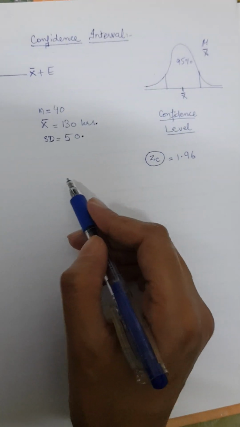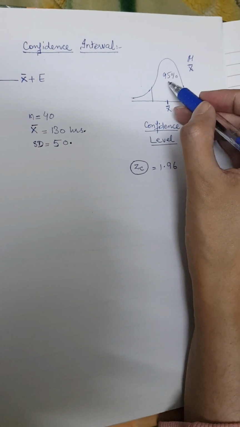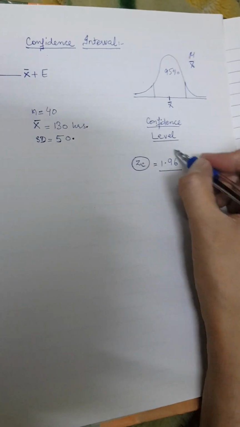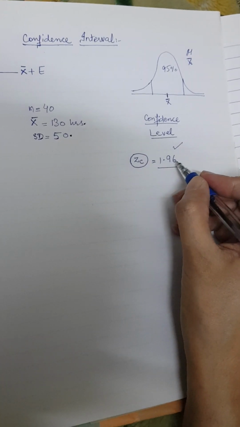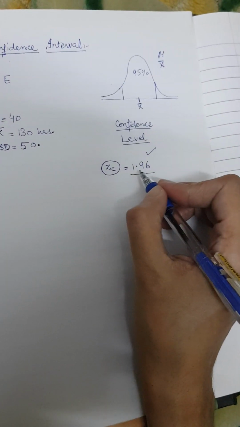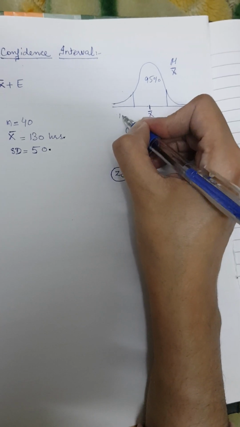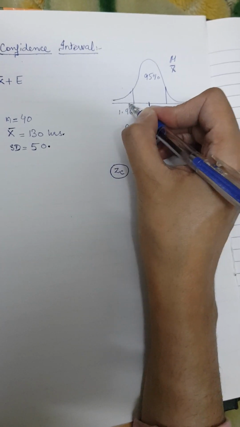Now, we have these values, and we already know that for the 95% confidence level, the value of z is 1.96.